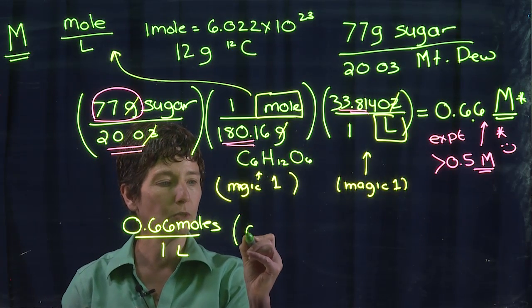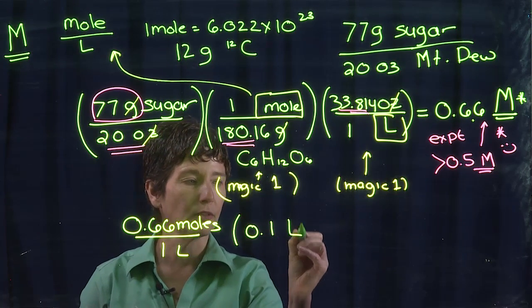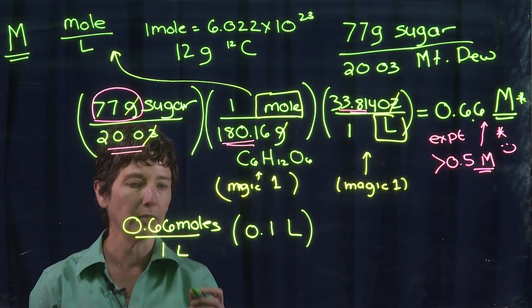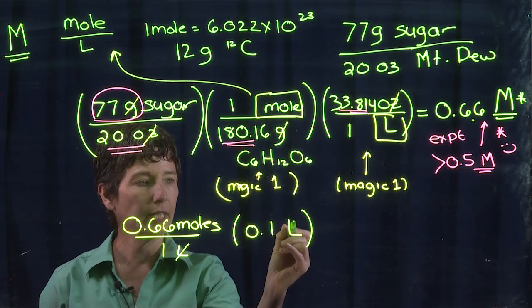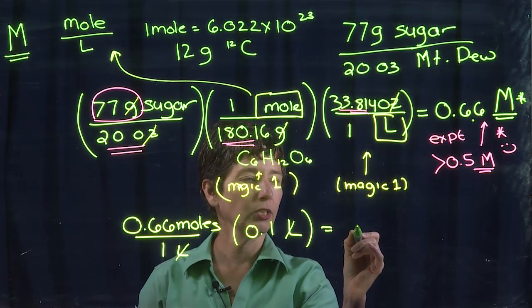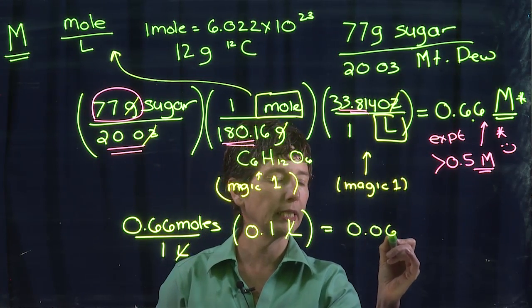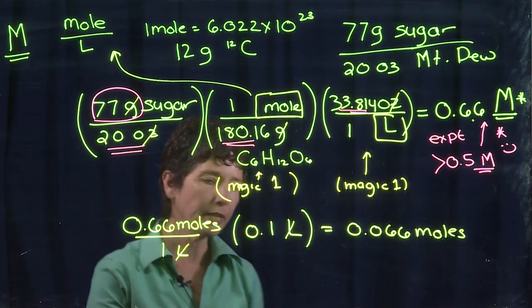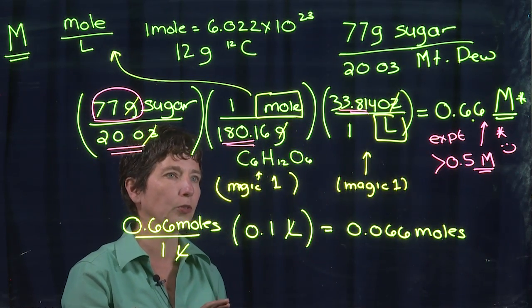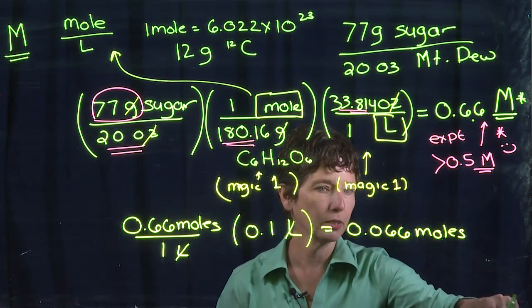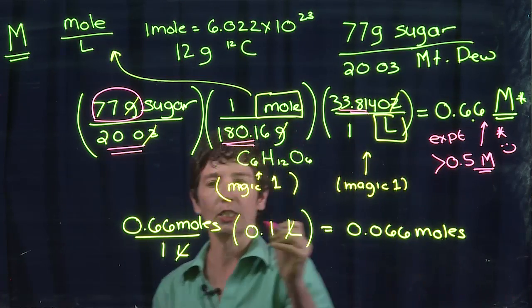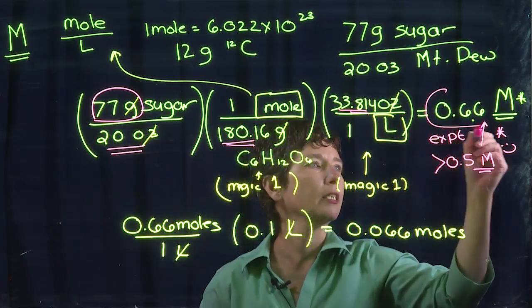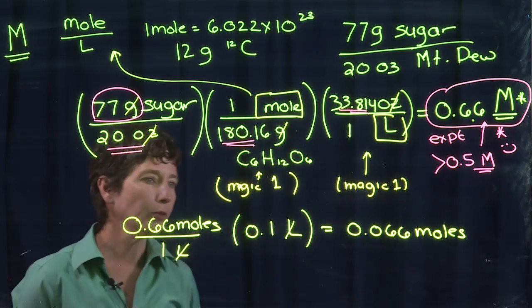But if you only drink 1/10 of a liter, or 100 milliliters, then liters cancel, and you'll find that you're drinking 0.066 moles. So hopefully that little example helps you appreciate the importance of thinking about concentration as a general principle.